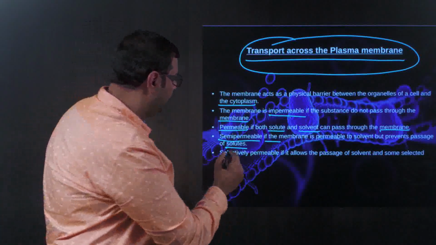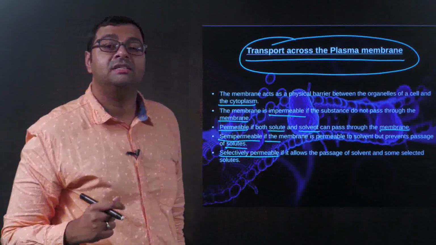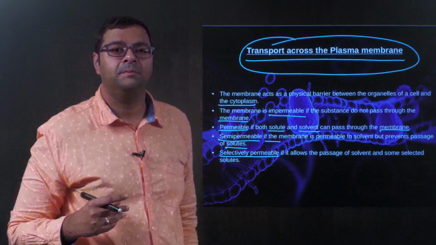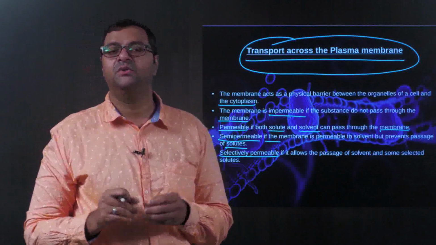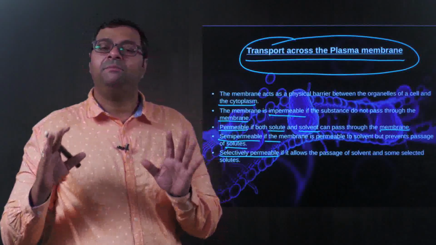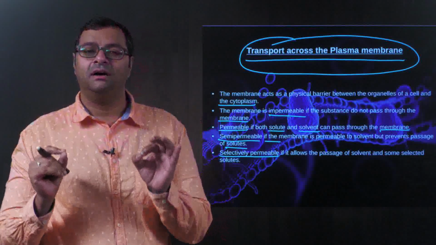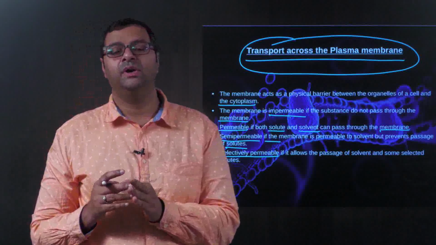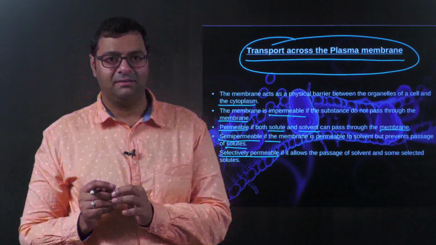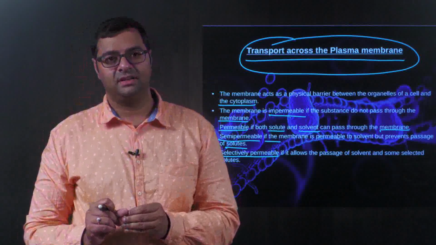Then it is selectively permeable. What does selectively permeable mean? Say, for example, in the current COVID-19 situation, people have become selectively permeable. They will allow a person into the house only if he is COVID negative; otherwise they will send him to a quarantine facility.